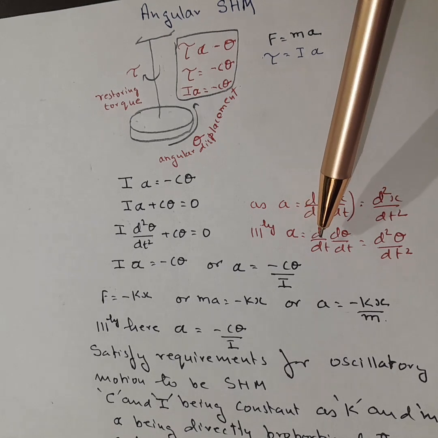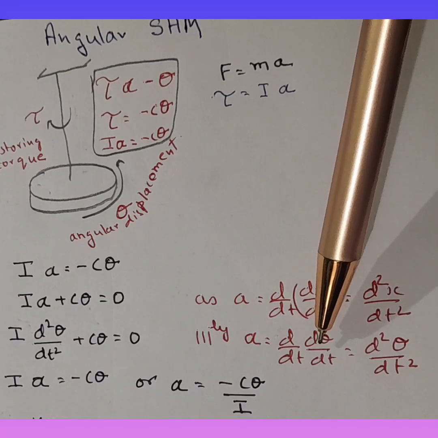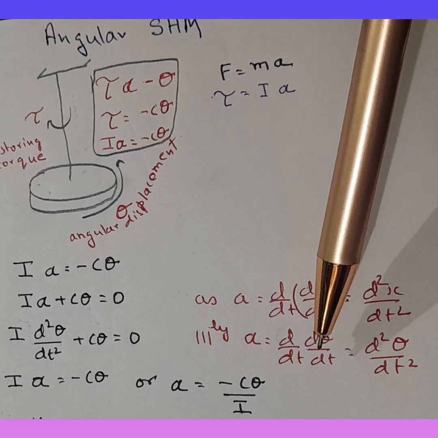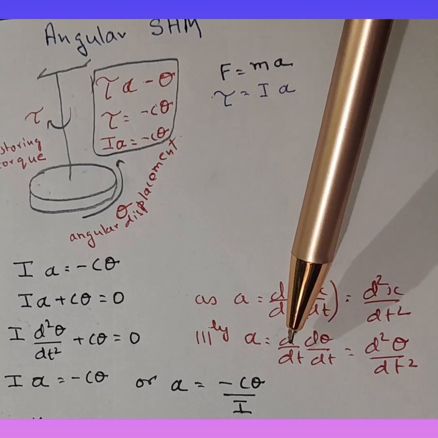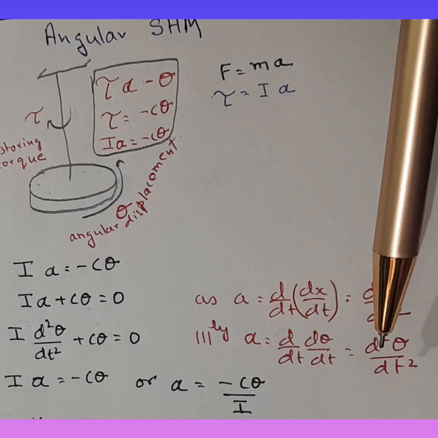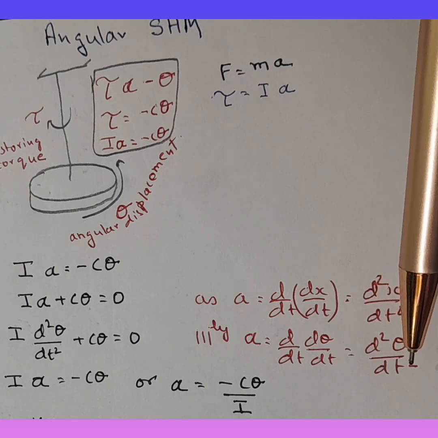Similarly, here also d by dt of d theta by dt, where d theta by dt is omega. Here dx by dt was v, so this is angular velocity omega. So d by dt of omega gives you d2 theta over dt square. All right.